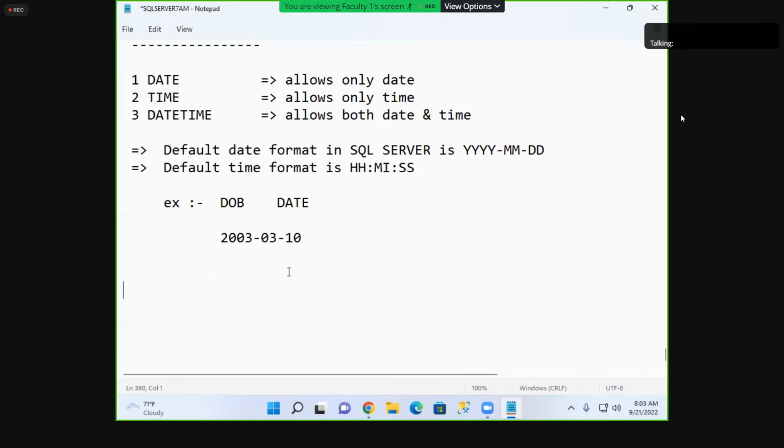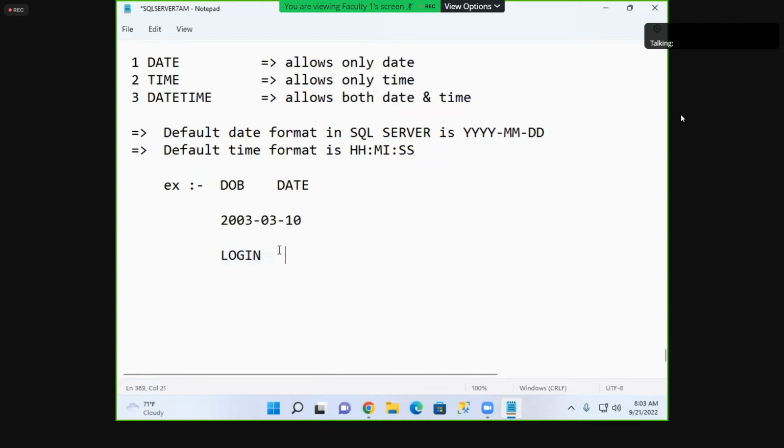So for example, I want to store the employee login time. In this, I want to store the login time, so declare it as time. What is important here? Time is important: at what time this employee logged in. Then what do we enter?